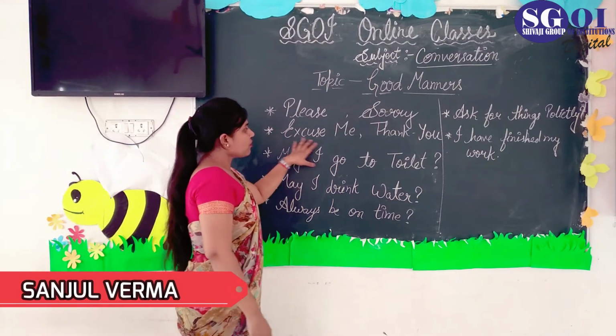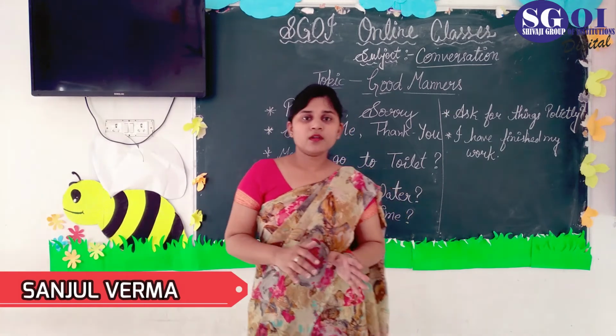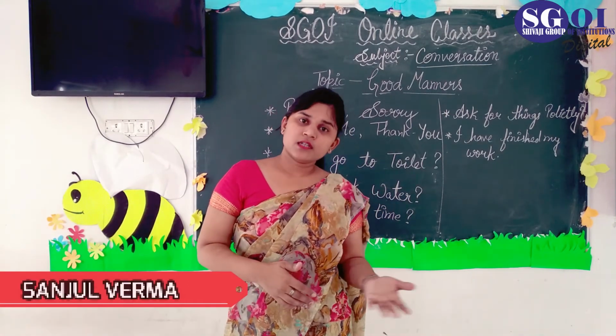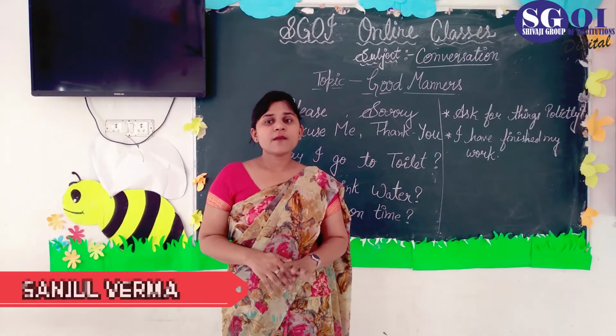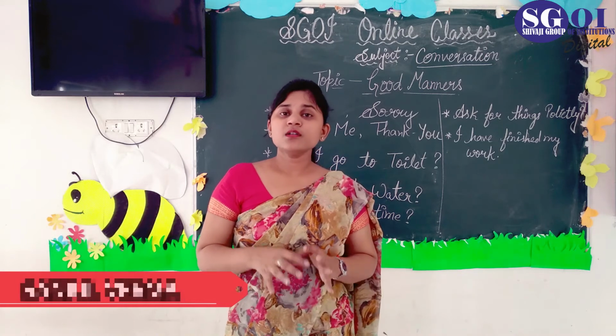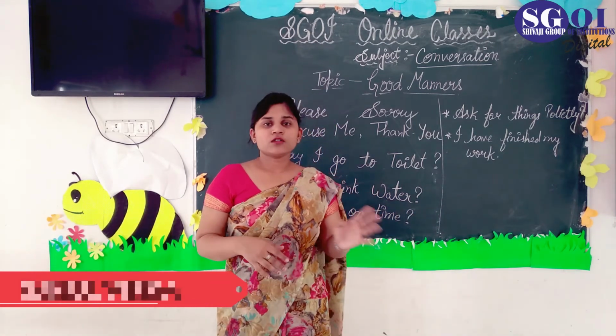Third, excuse me. When two people are talking with each other and you have some work with them, then you have to just say, excuse me. Suddenly, don't go there and start talking to them.